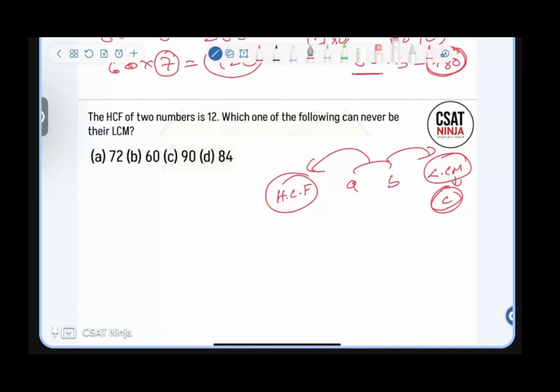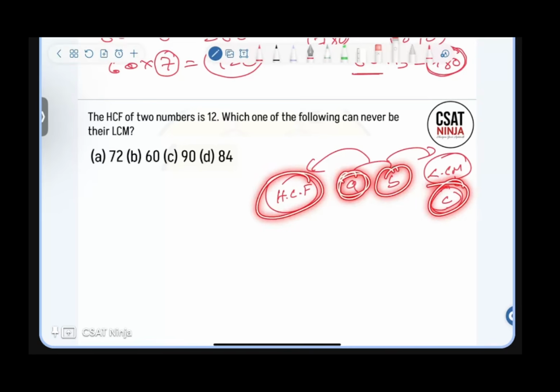One thing to remember is that the LCM will always be completely divisible by the HCF.